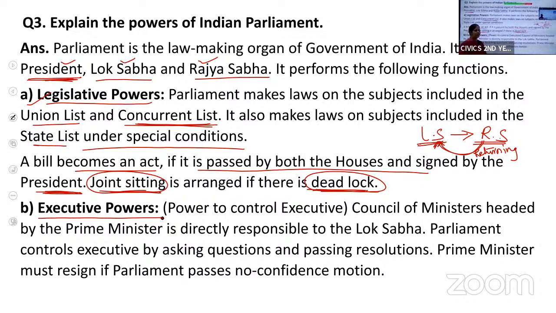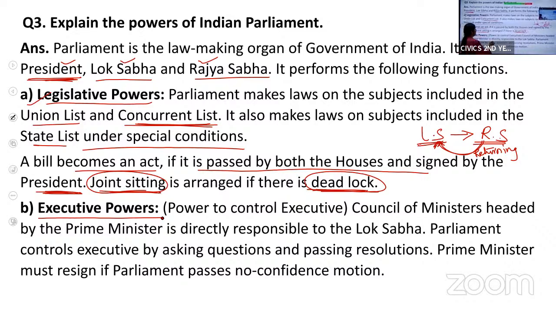The party which secures maximum seats in Lok Sabha will form the government. So the Prime Minister and his ministers belong to the party which has secured majority. So here the executive is a part of legislature.